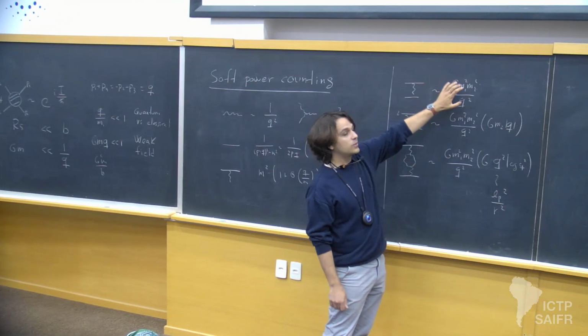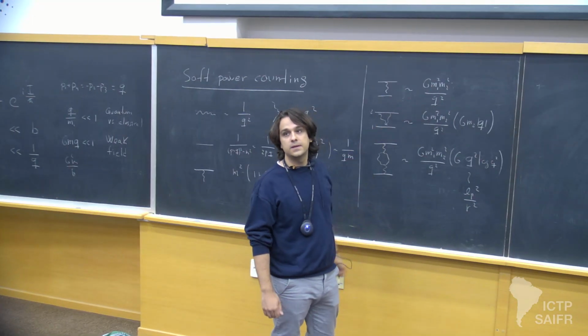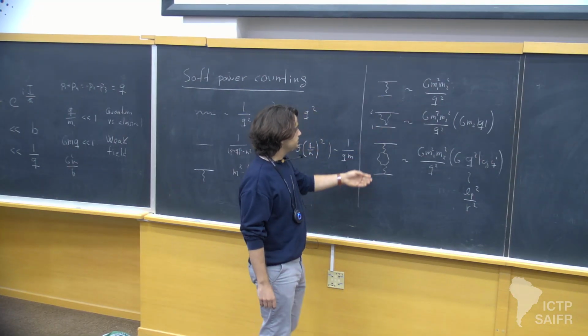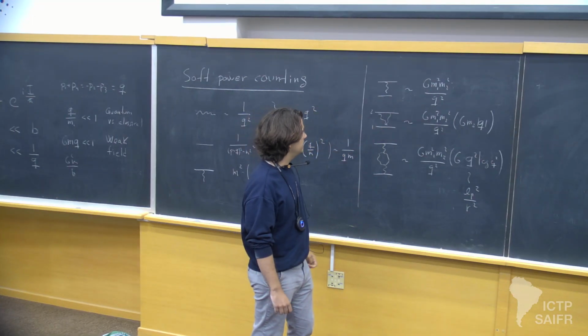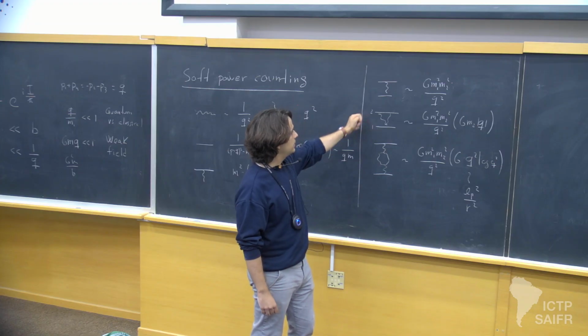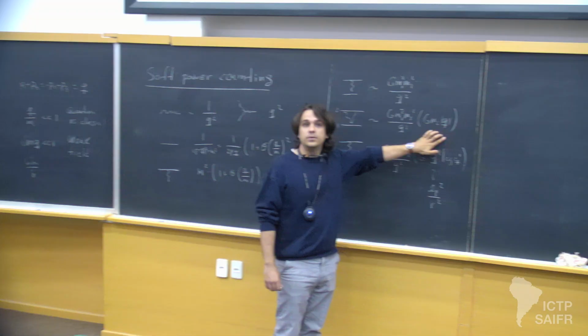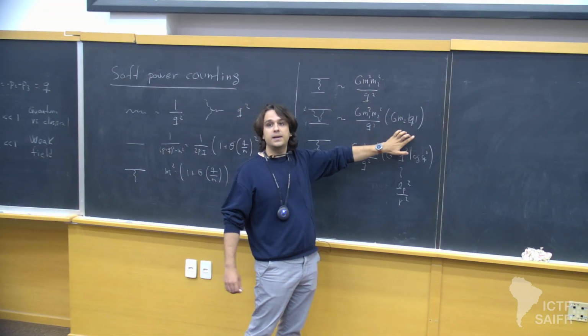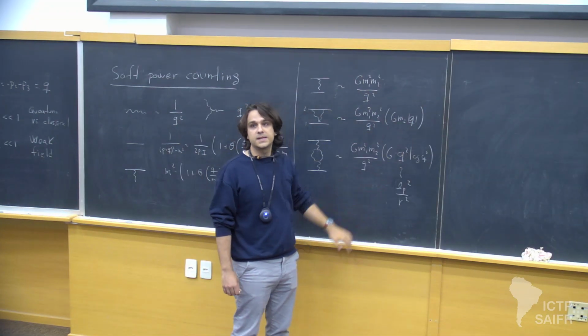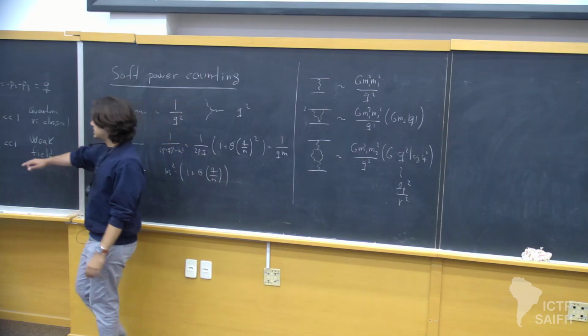This one just goes like 1/q squared, so the Fourier transform would give us a Newtonian potential or a logarithmic divergence in impact parameter space. But the triangle diagram was suppressed by one power of GMq with respect to this. So we identified it as a classical correction to the scattering.